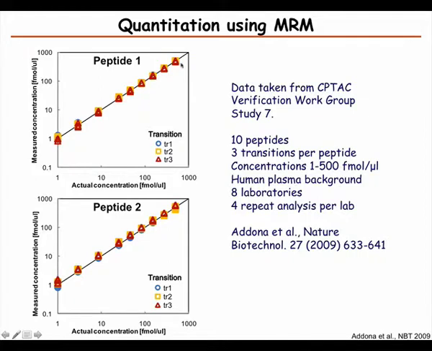A lot of times we have a case like this. This is the actual concentration and this is the measured concentration here. And all 3 transitions behave very nicely and fall on a straight line, and we get a little bit more variation towards low concentrations in these 2 cases.